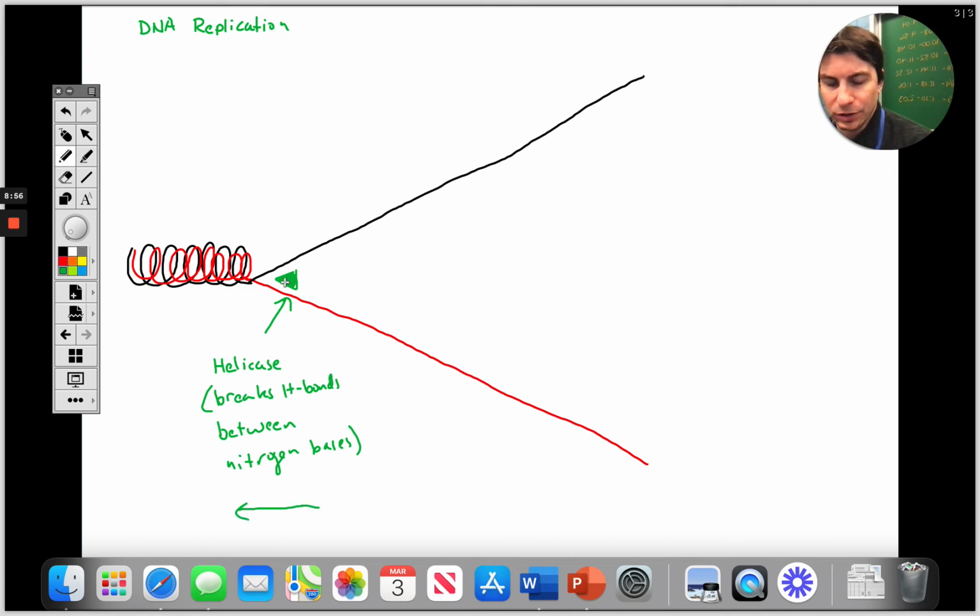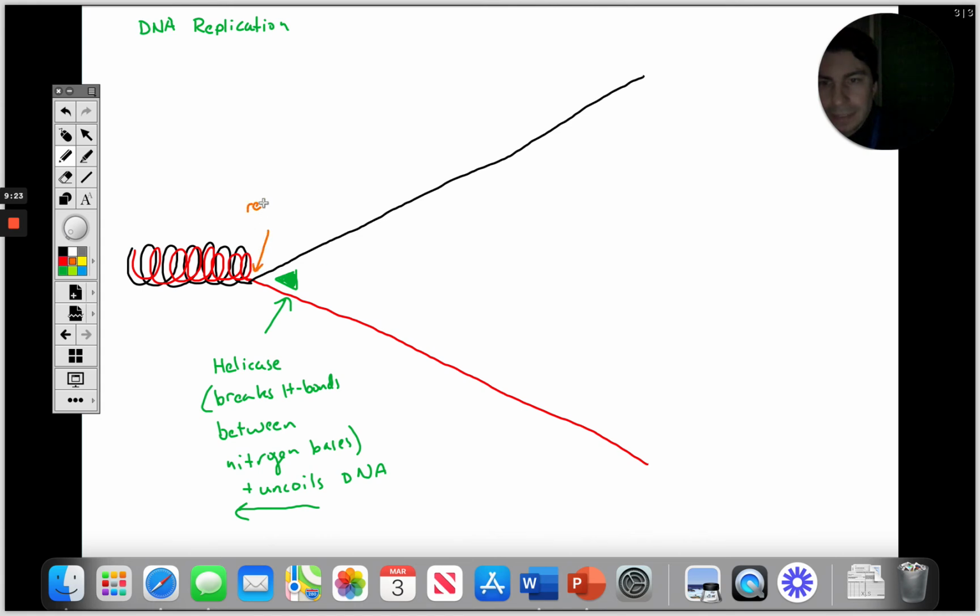I made him try and look like an arrow there, but he's going to be moving to the left. As he is breaking these bonds, he's also uncoiling our DNA. In doing that, he makes this area right here, and that's going to be called the replication fork.